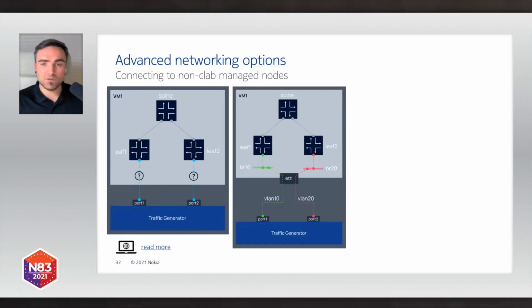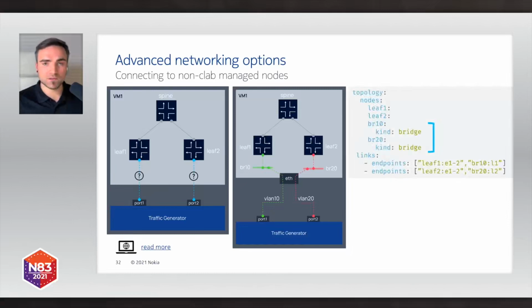To do that, you use the bridge kind, which is a special kind in the topology definition file that says these br10 and br20, which are of kind bridge, are actually Linux bridges. Container Lab will use them in the endpoints configuration instructions. So what you say here is that you want your leaf1 interface e1-2 to be connected to the bridge br10 interface l1. This interface name is really imaginary.